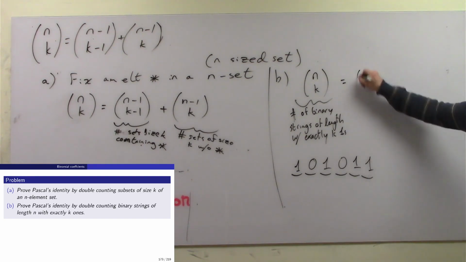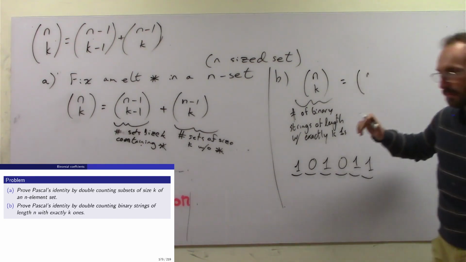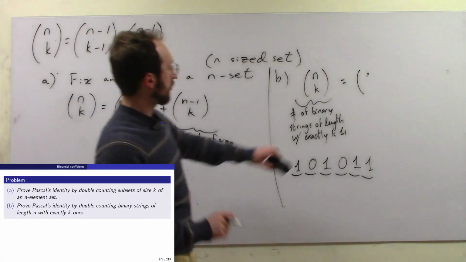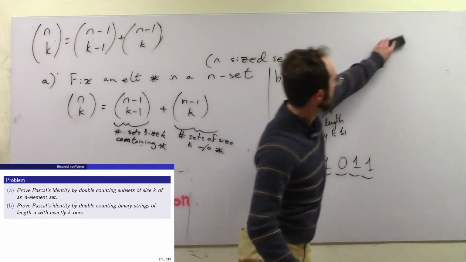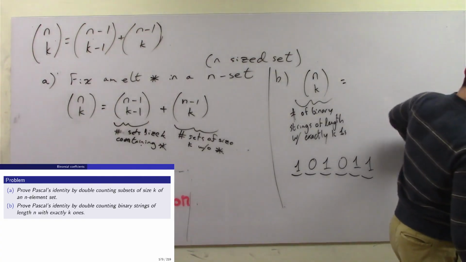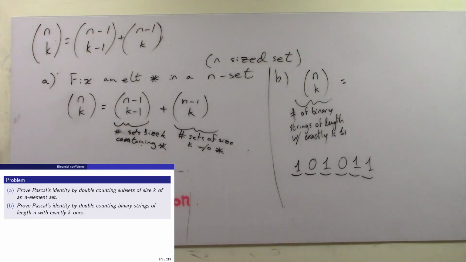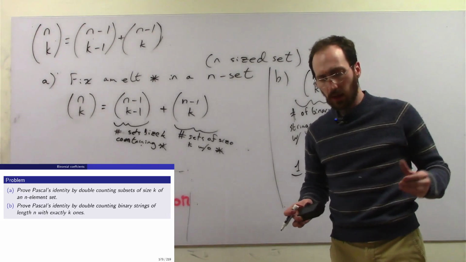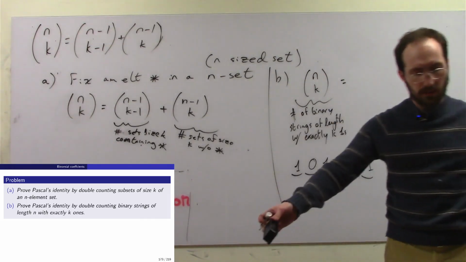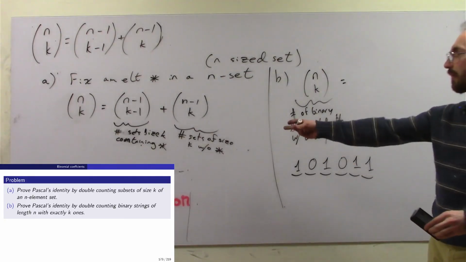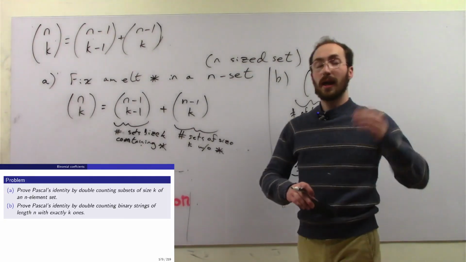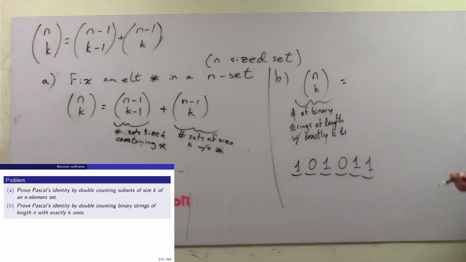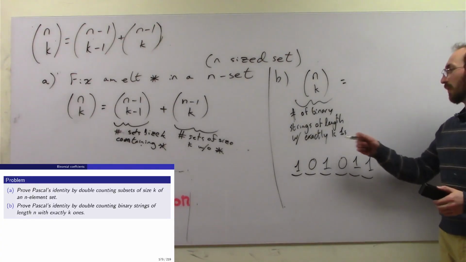Now, how are we going to count these binary strings? What can we do here? So in the first way we proved it, we said, okay, I can start north, I can start east. In this second one, we said, okay, I have the element, I don't have the element. What do we think we're going to do with this one?